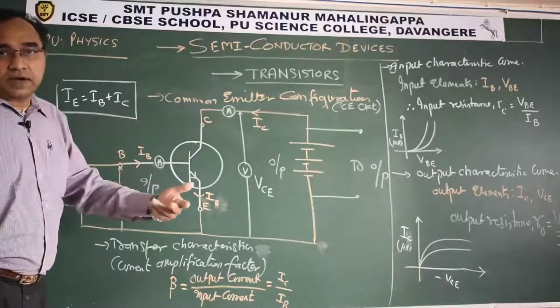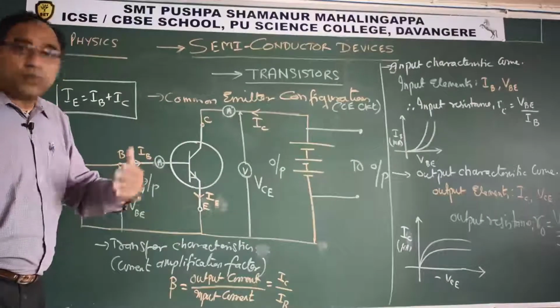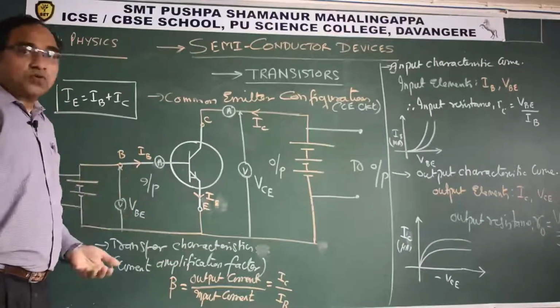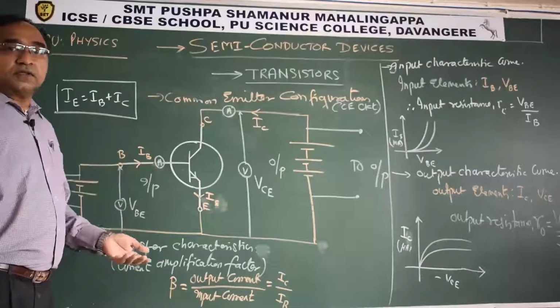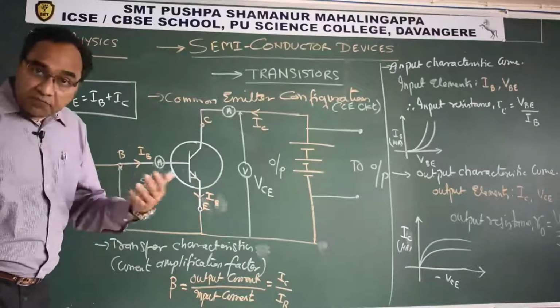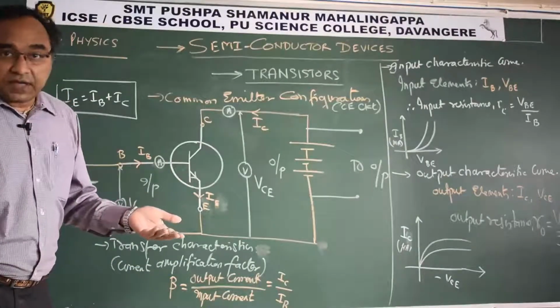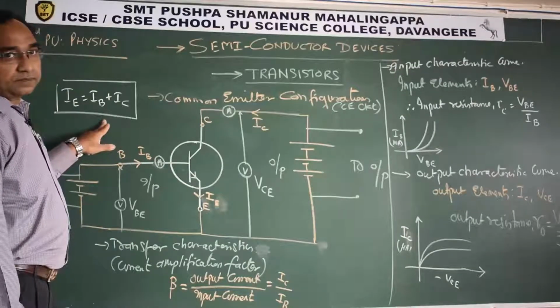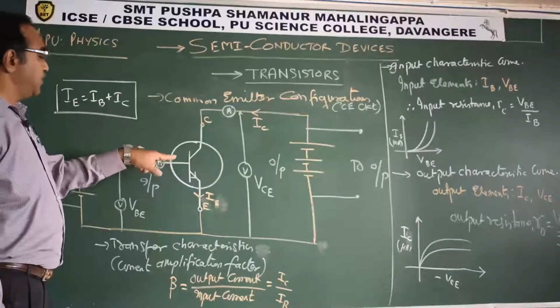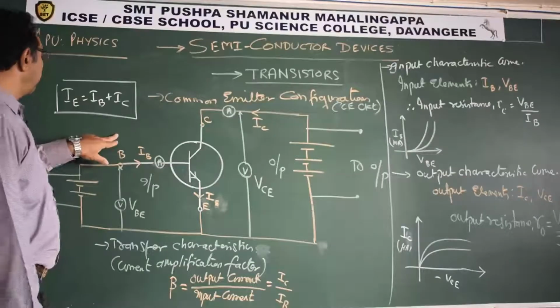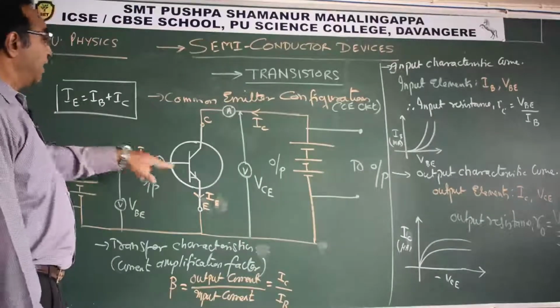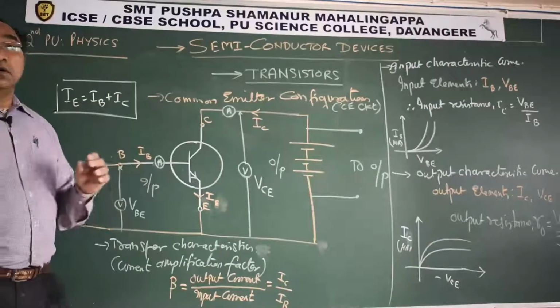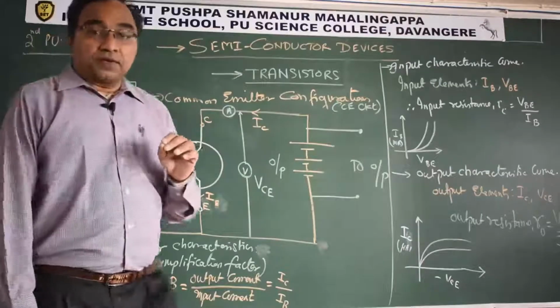The sum of the currents approaching a junction is equal to the sum of the currents moving away from the junction. This is the KCL, Kirchhoff current law, and here it is equally applicable. That is how we can understand the CE configuration.